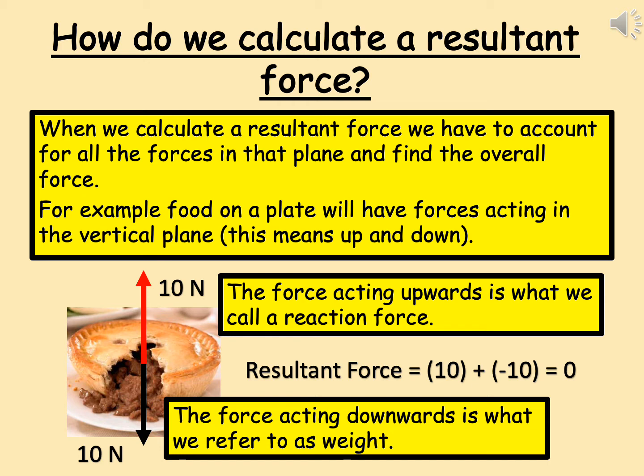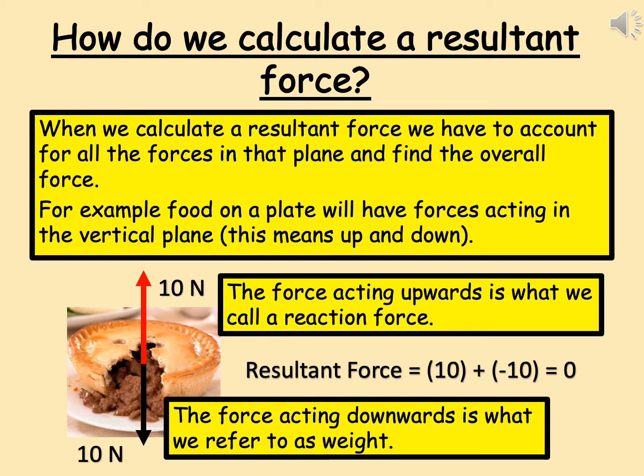So for example, I have some food on a plate there. Now that food has a downwards force of 10 newtons. Because that weight is 10 newtons, I need to then account for the upwards force, the reaction force against it. If my downwards force, my weight, is 10 newtons, this would mean that my reaction force would actually be minus 10 newtons.